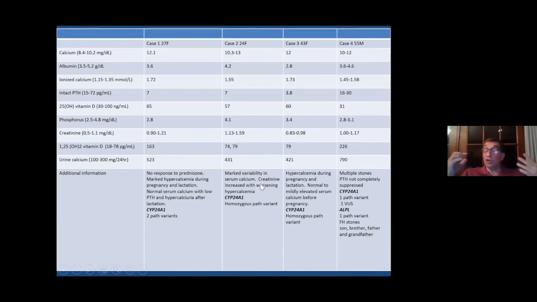And she was a nurse. She was doing everything we think properly. And she also was homozygous for a pathogenic variant. Case 3 was kind of like case 1 in that she was hypercalcemic during pregnancy and lactation, and was homozygous for a pathogenic variant. And case 4 is this man who presents with stones and hypercalcemia for years and years and years.